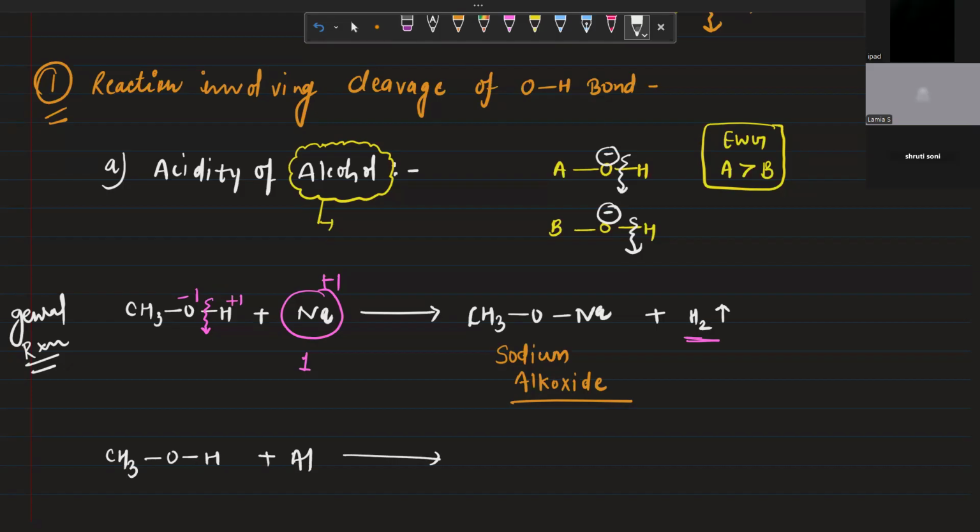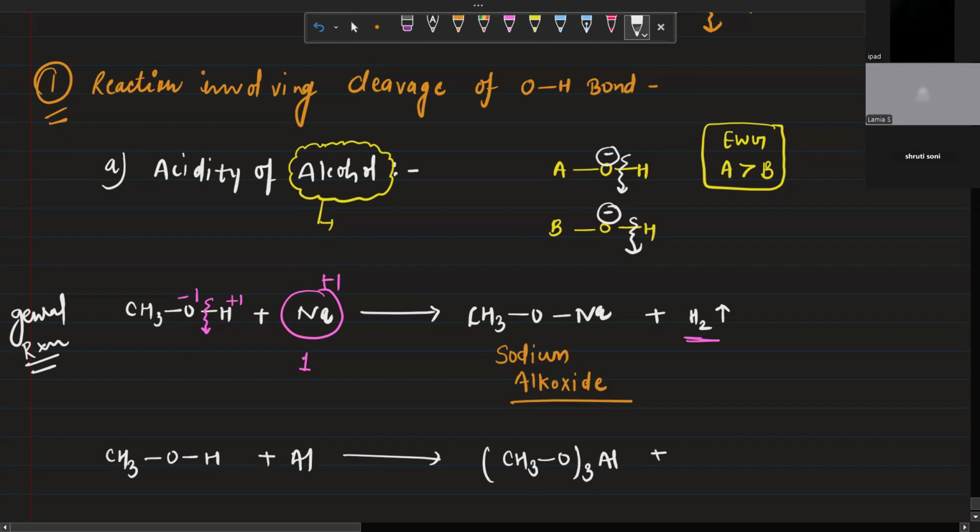Aluminium is going to be plus 3, so it has a valency of 3. So how will the product form? CH3O with a 3 and aluminium, then H2 will remain.